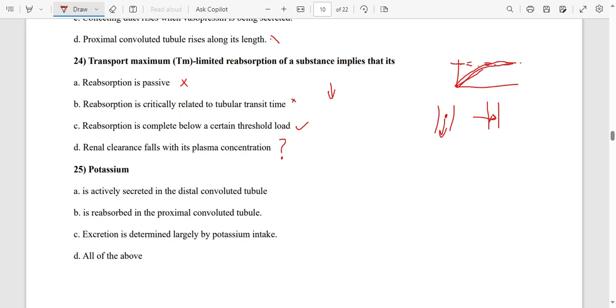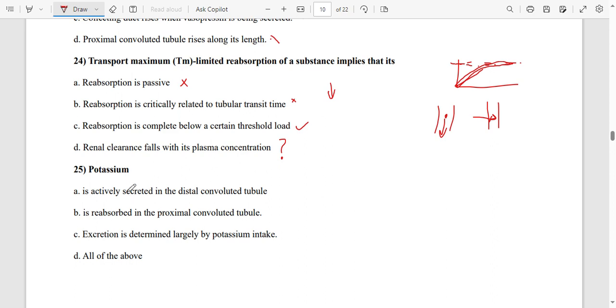So don't expect it to be more excreted. But we want what is very best here. So the best we can pick is going to be C, because transport maximum itself is about reabsorption and concentration.